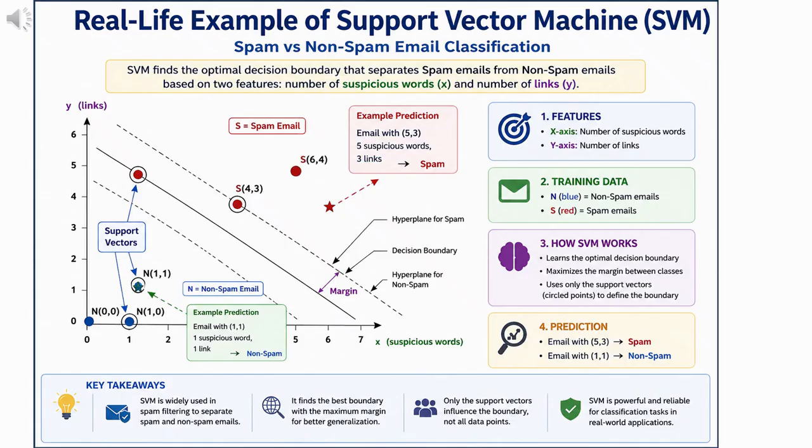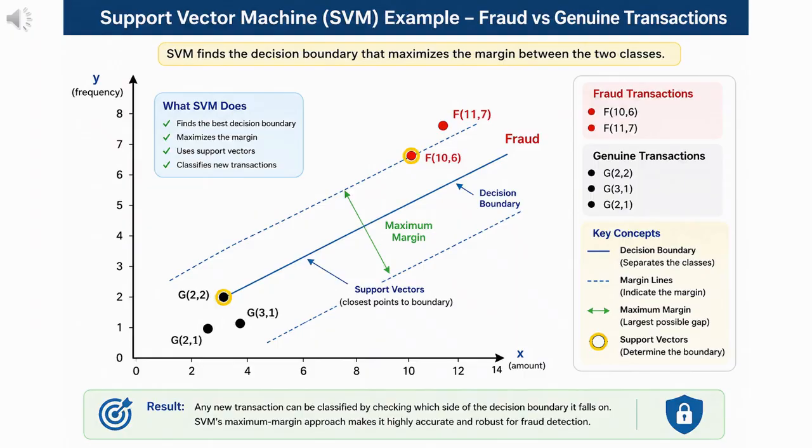This ability to find the best separating boundary is why support vector machines are widely used in spam filtering, fraud detection, face recognition, and medical diagnosis. Support vector machines don't just separate data, they find the widest possible margin, making their predictions accurate and reliable even for new emails.